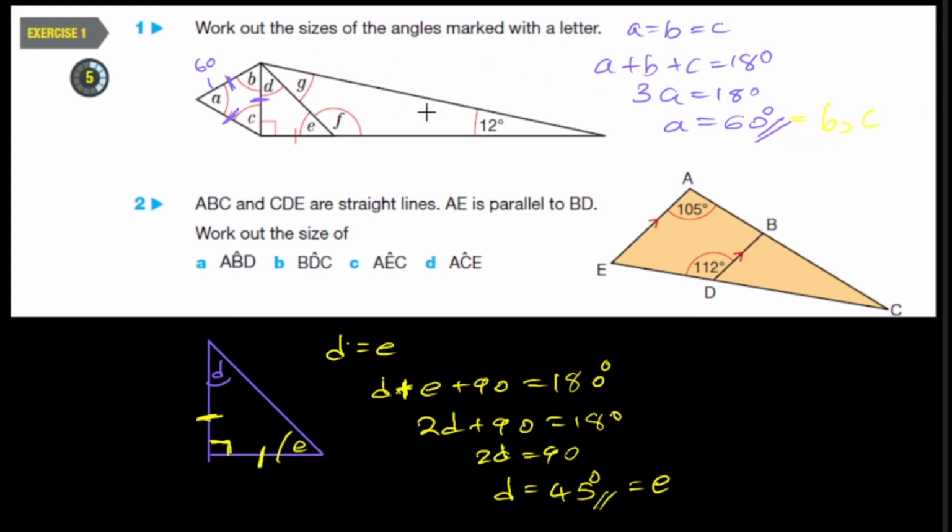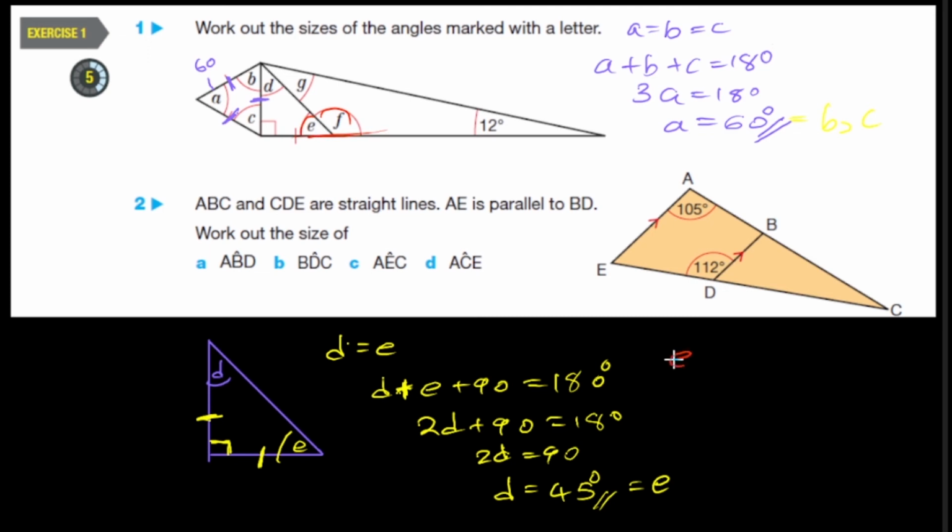Now for G and F, how can we find G and F? There are many ways you can find them. There are two ways you can deal with G. F you can easily find by taking E and F. If you observe E and F, what can you see? They are supplementary. They form a 180 degree angle, making a straight line.